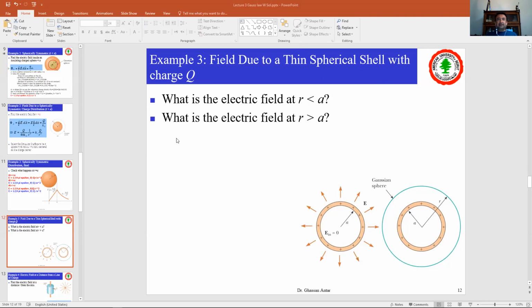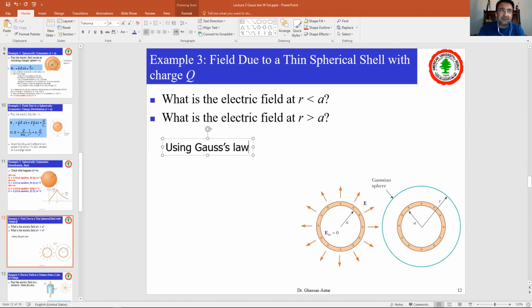And the way to answer this question is, of course, using Gauss's law. What does Gauss's law tell you?